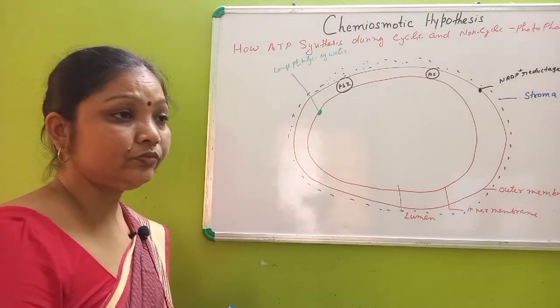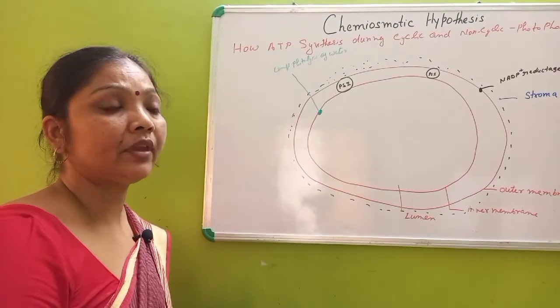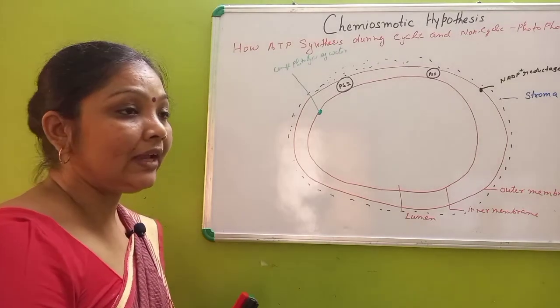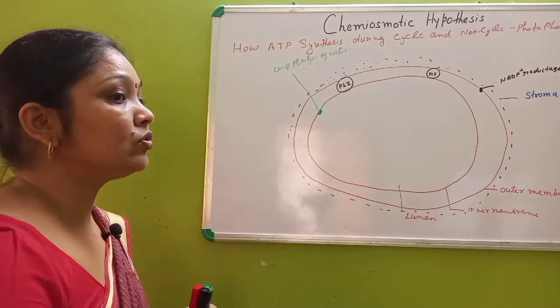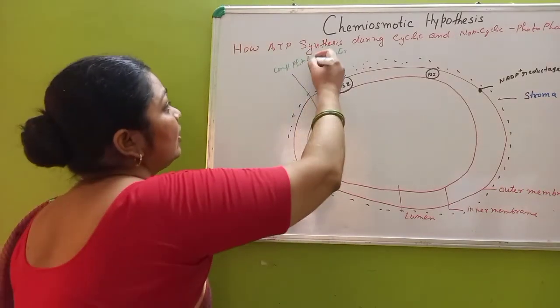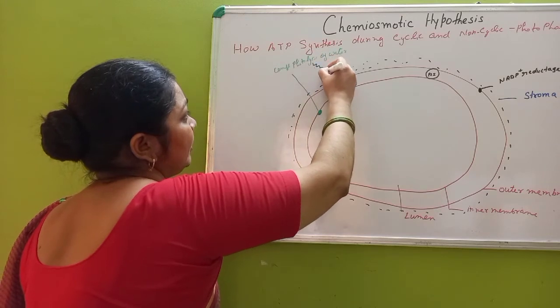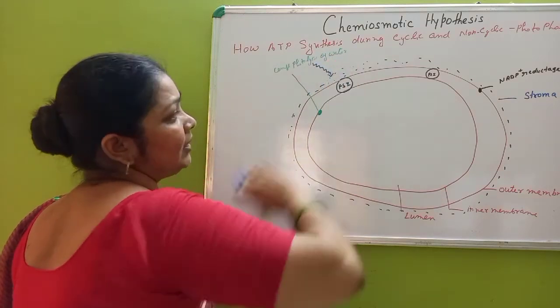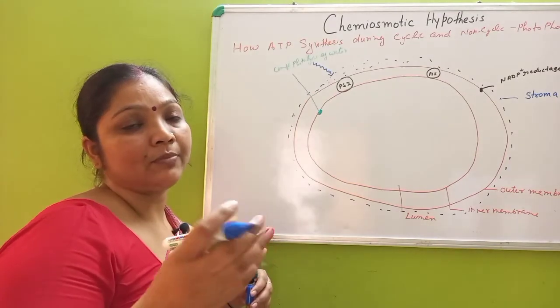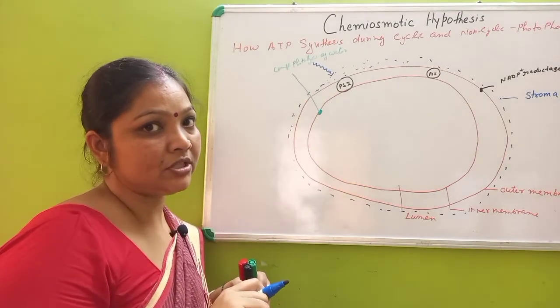Now, children, what happened when the light falls here? Okay. When the light is coming here, it was taken up by photosystem 2, which absorbs light of 680 nanometer.